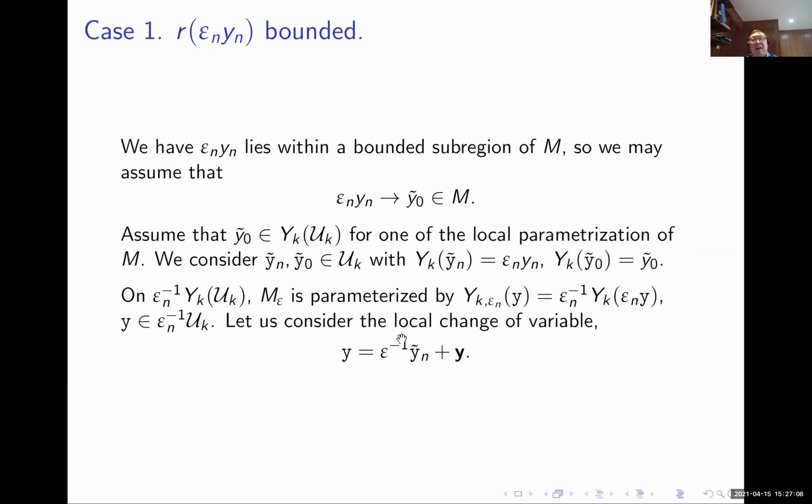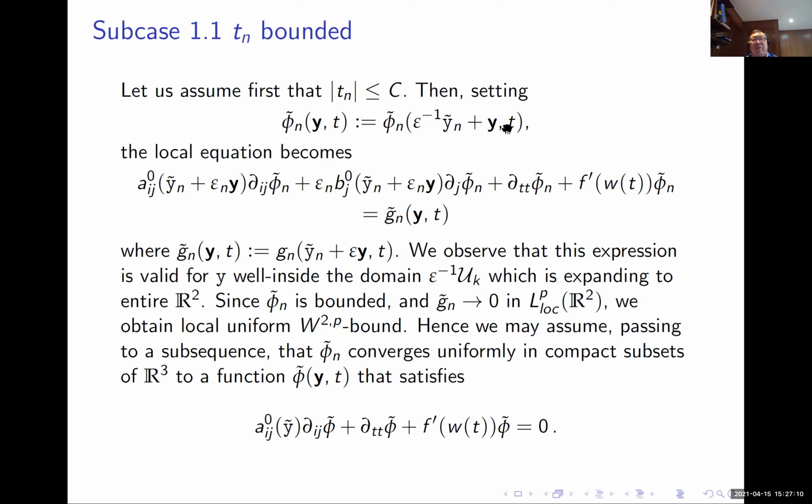Now what's t_n? The t_n may also be unbounded. So let's assume t_n is also bounded. Then you do this change of variable, and you look at the local equation, which becomes this.